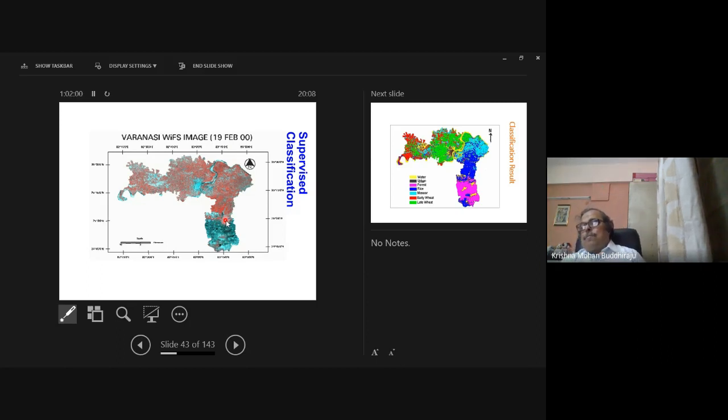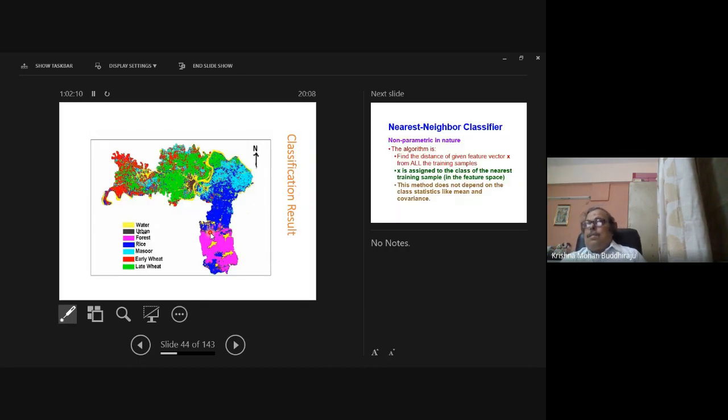A subsequent summer image will be full of green vegetation. Typically, for those who are not familiar, this is how a classified image is represented. Each class is color coded and the legend is given so that you understand what each color represents on the ground.